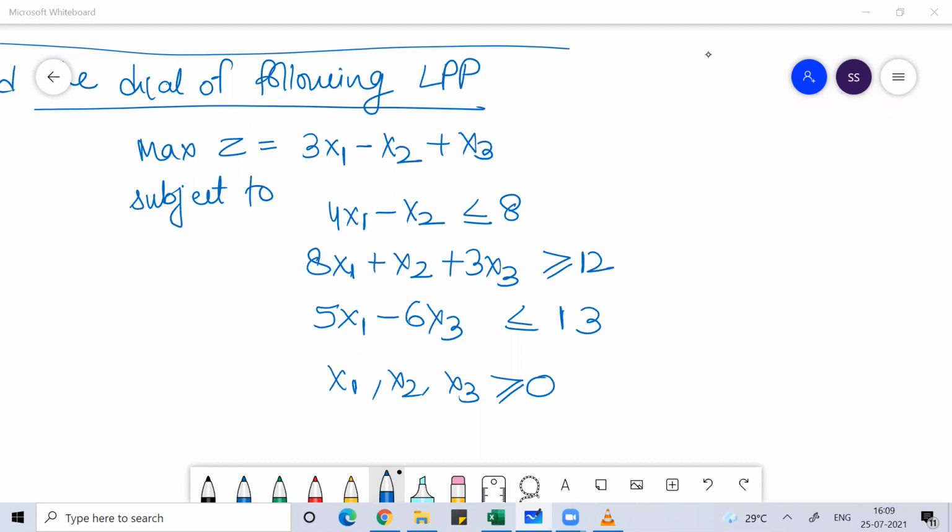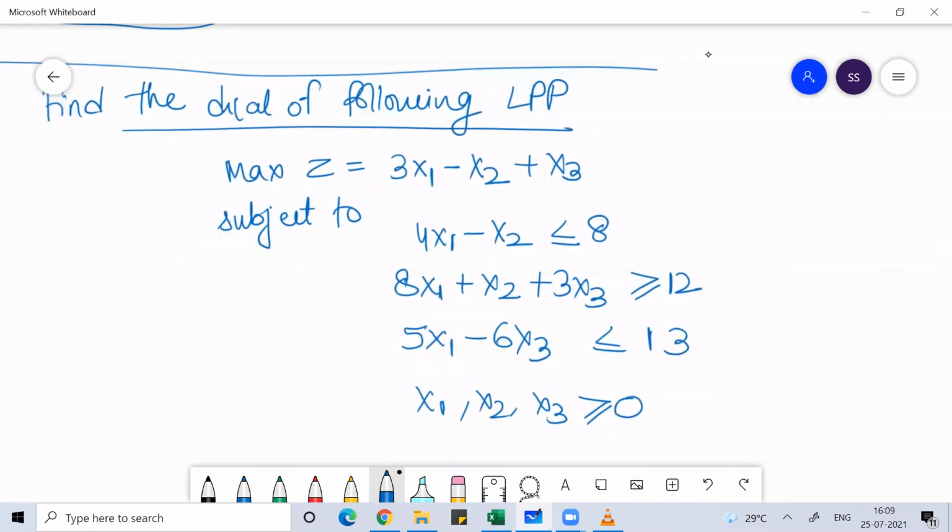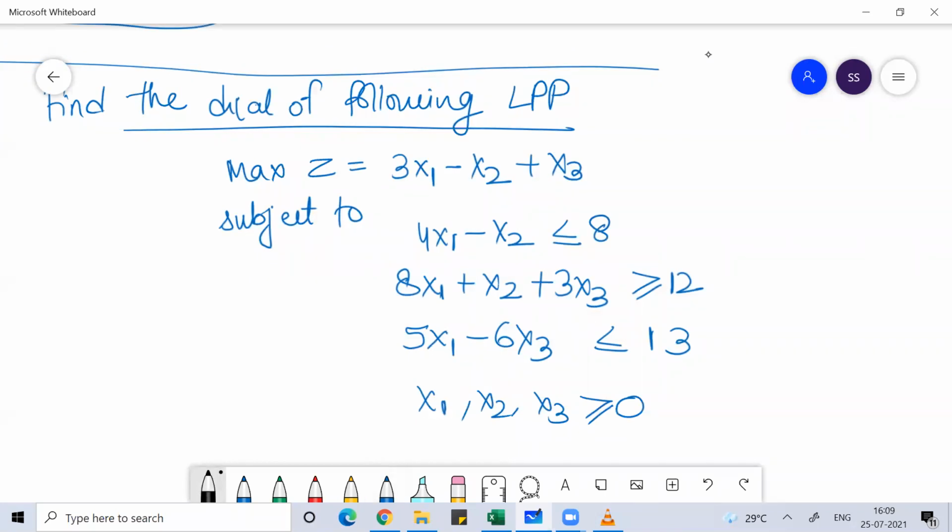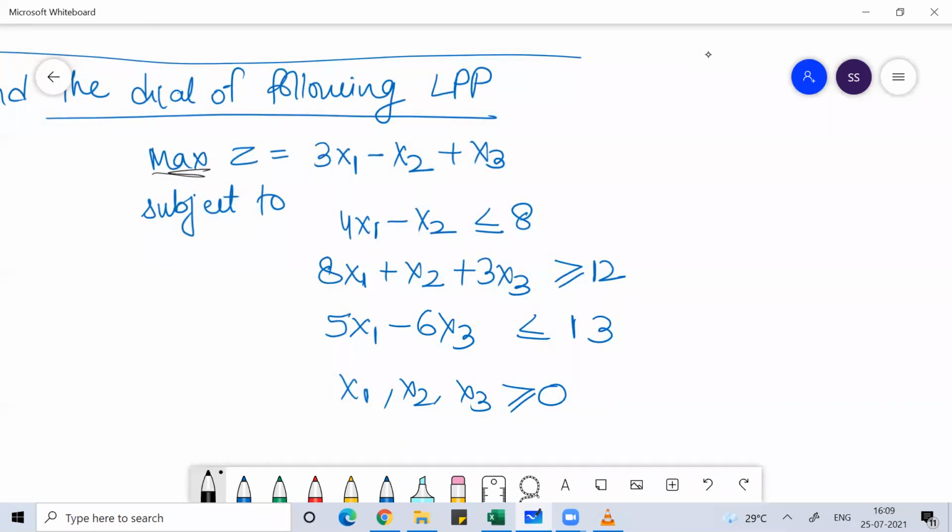If you see this problem, your objective function is maxima, so your constraint should be less than or equal to. You can see this constraint is less than or equal to, this constraint is less than or equal to, but this constraint is greater than or equal to.